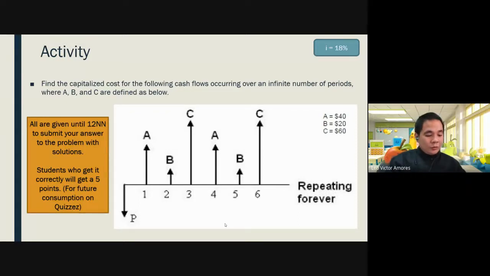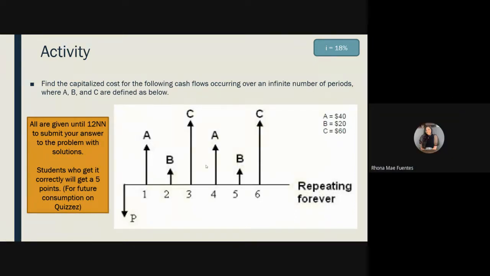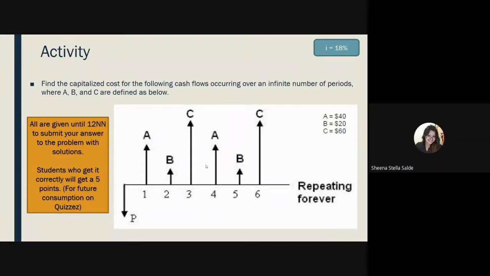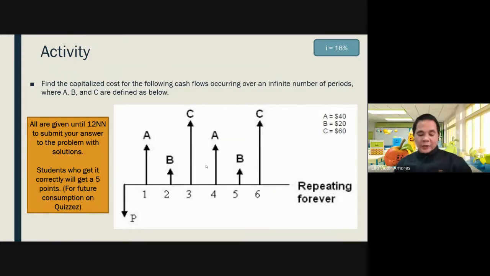You have until 12 noon today. You can email me, or I'll set an activity as a quiz. Okay, just email it, I'll check it manually. You have the pressure of time, roughly 30 minutes to solve the problem. You can go directly to solving. I'll do a little analysis to see if you really solved it.